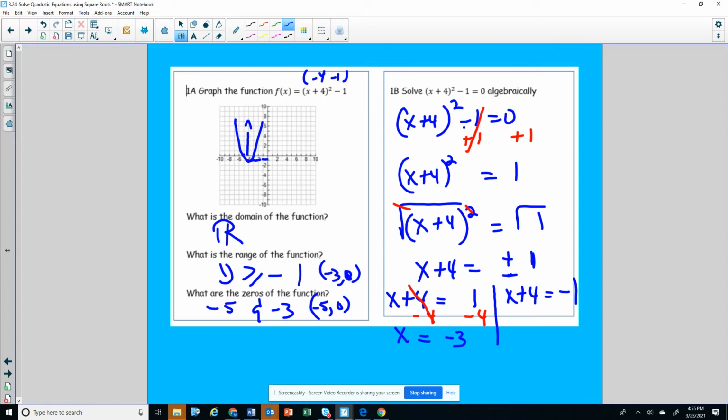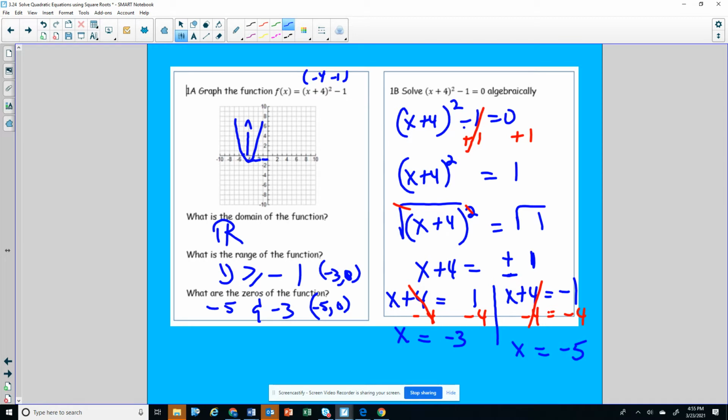And then on the other side, I'm going to add a negative 4 to cancel that 4, and I'm left with x is equal to negative 1 and negative 4, which is negative 5.